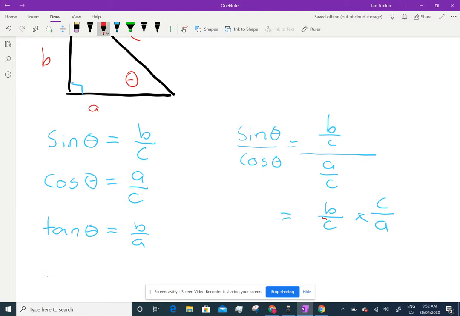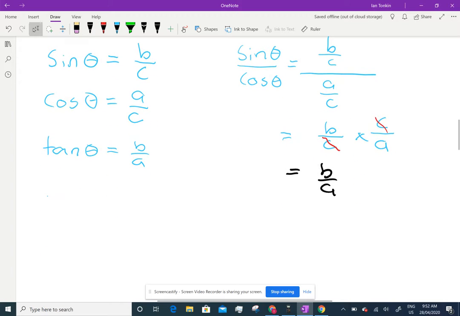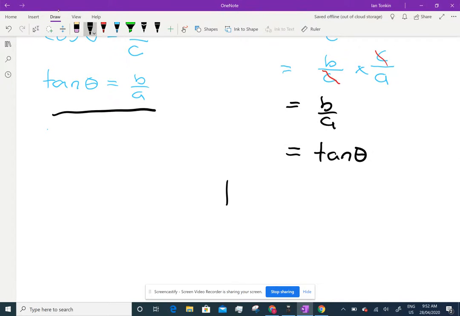And straight away you can see that the C's will cancel, leaving me with B over A. And we already know that that's tan theta. So here's a very useful thing, and they don't give it on the formula sheet, which I wish they did. Tan theta can be written in terms of sine theta over cos theta. Now, they don't give you that.